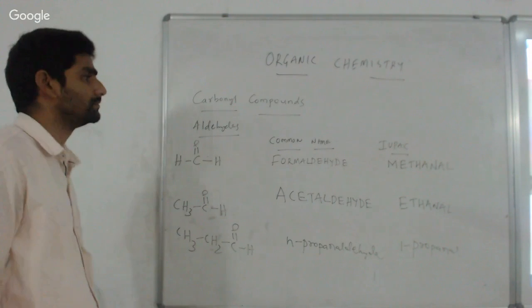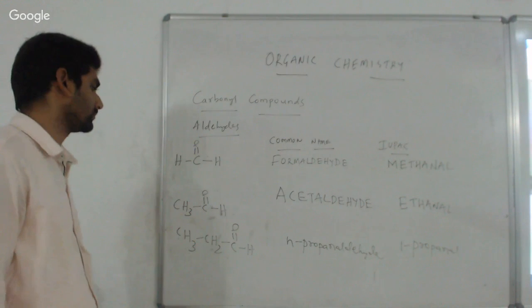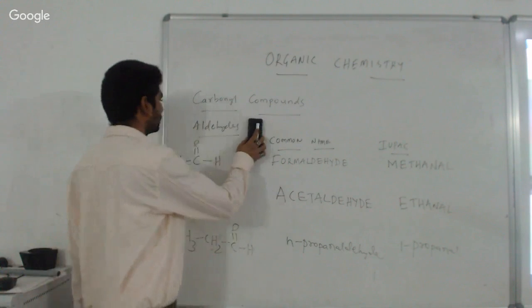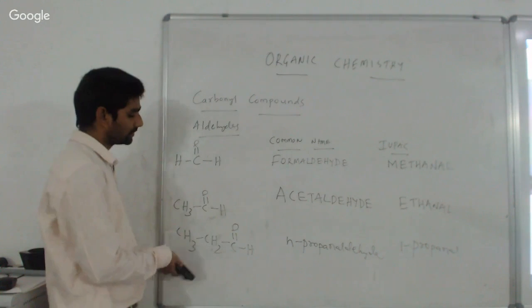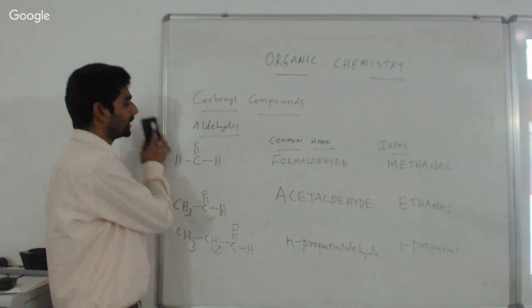Formaldehyde, acetaldehyde: methanal, ethanal. If you write up to 5 carbons, it is propanal, butanal, pentanal.